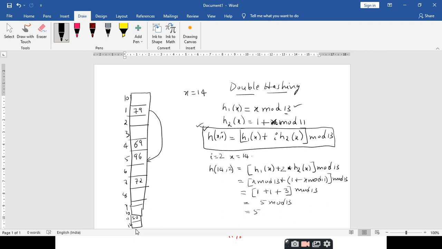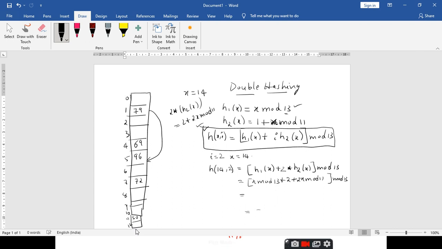Now tell me what happens here. 2 into h2 of x means it is 2 into 1 plus x mod 11, so it becomes 2 plus 2x mod 11. Am I right or not? Yes, sir. So it is 2x mod 11. Now tell me what happens here.